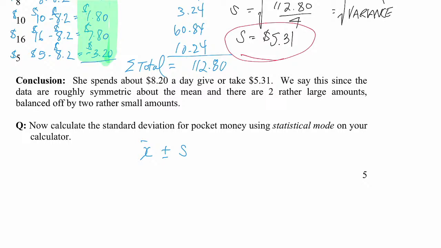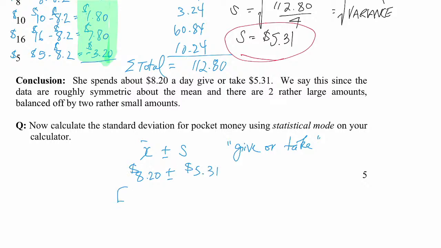We make an interval between plus and minus x bar and s, okay? The mean, give or take. This is the give or take. So let's make an interval between $8.20, give or take $5.31.